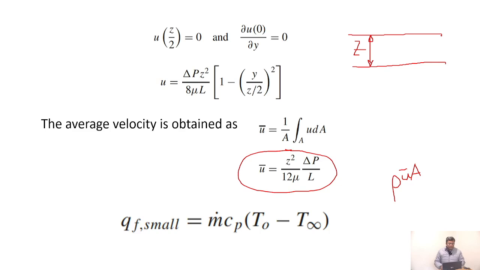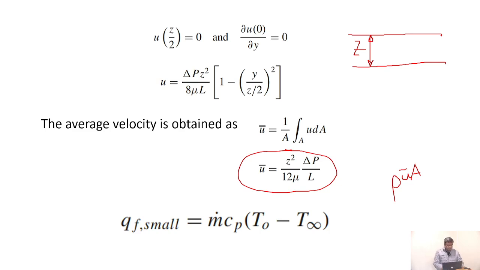Okay, so u at z by 2 is equal to 0, and del u del y at y equal to 0 is also 0 because of symmetry. This is called symmetry, right?